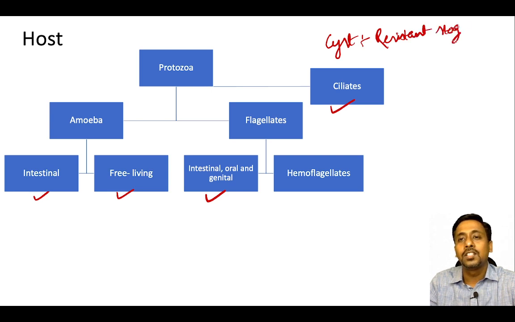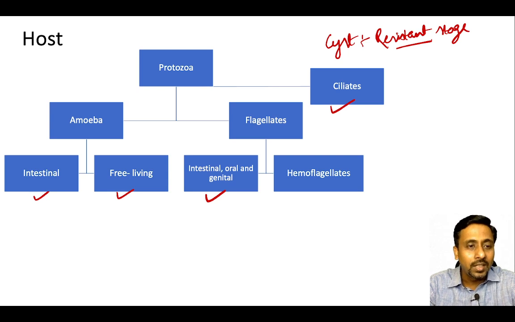Resistant means it is resistant to the external environment and can survive outside the human host. So to complete its life cycle, they do not require any other host, because they can survive without any host in the external environment.